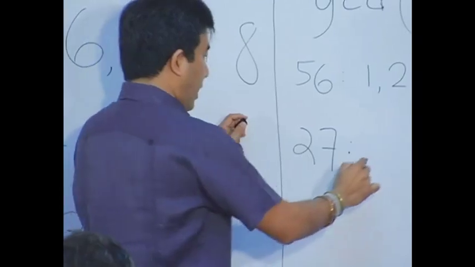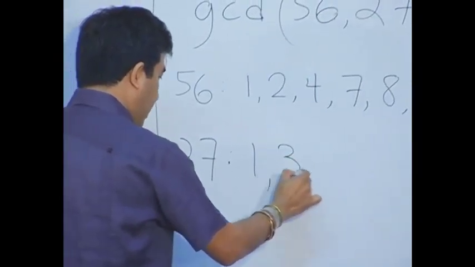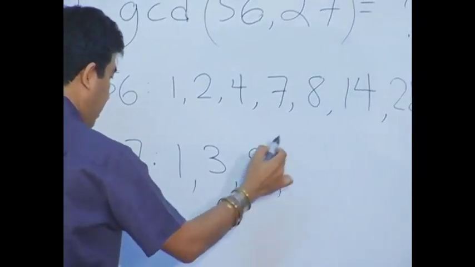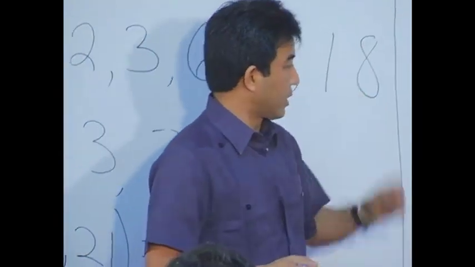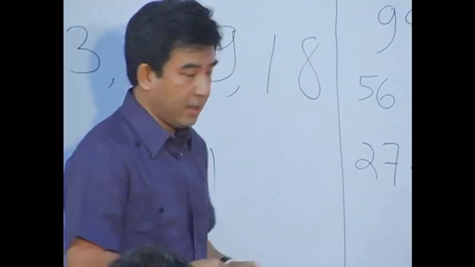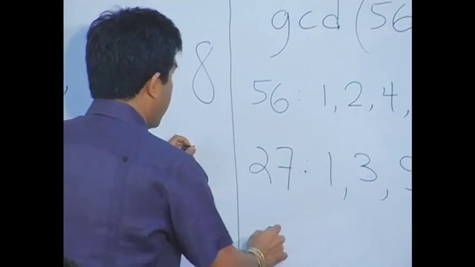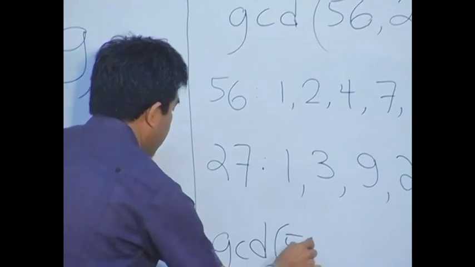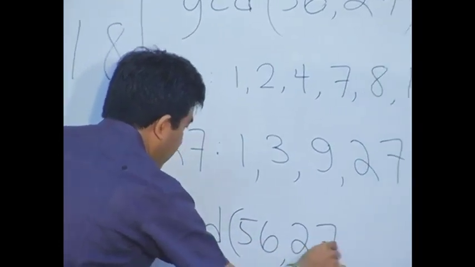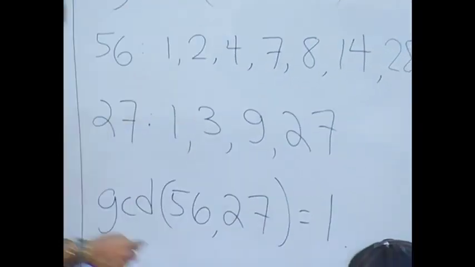How about 27? We have 1, 3, 9, 27. Again, in fact, there is only one common divisor, and that is the number 1. So the GCD of 56 and 27 is 1.